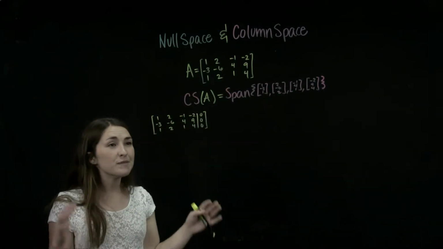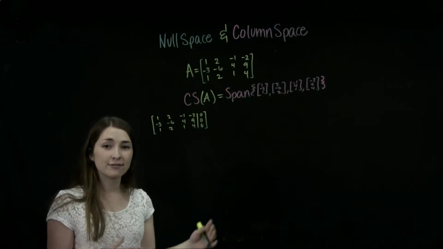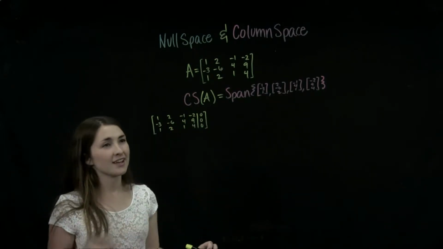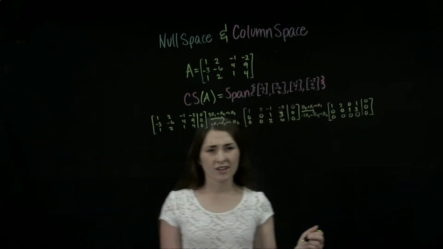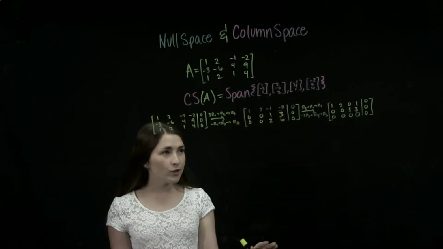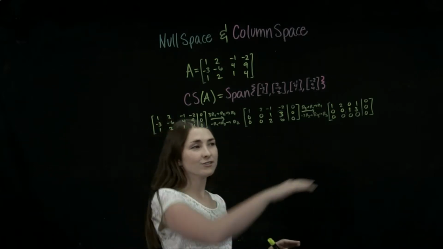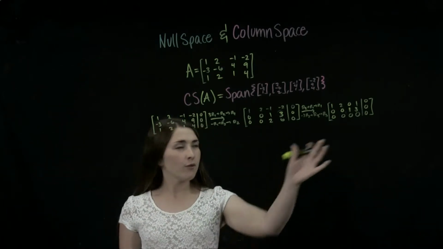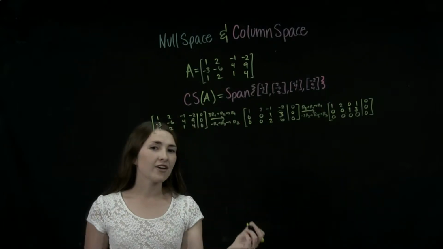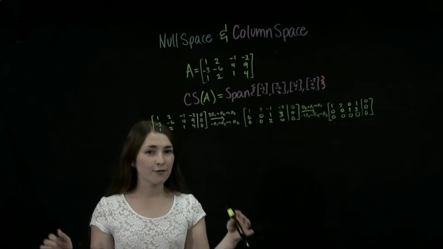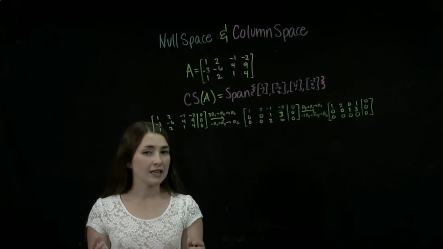Okay, so we're going to be doing the exact same row operations we did to find our null space. So let's just get those out of the way. So once we have row reduced our matrix down to reduced row echelon form, we are left once again with this matrix. So we're trying to find the basis for our column space.